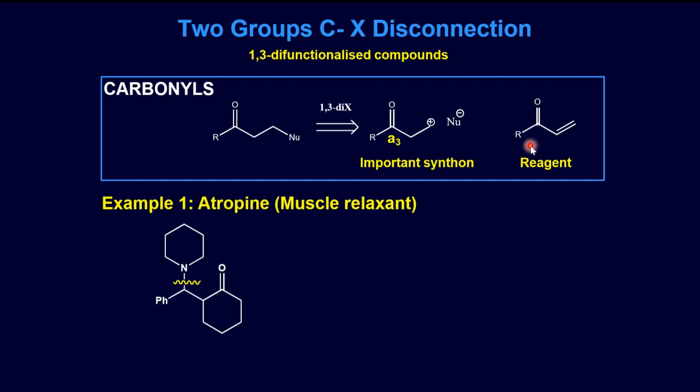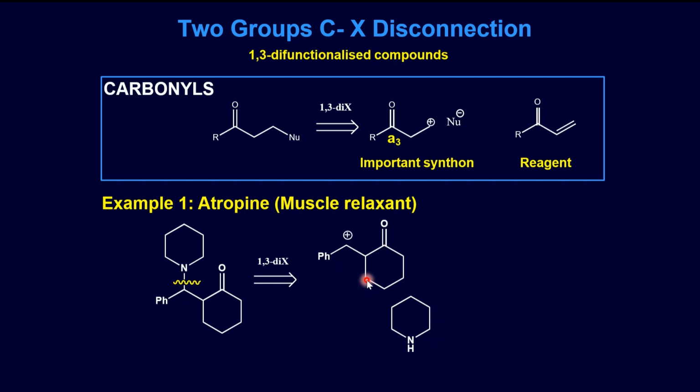I'll take a part of atropine, which is used as a muscle relaxant. Here you see carbonyl at the first position, second position, and at the third position there is nitrogen attached to it. I break up over here. I will carry out a 1,3 disconnection. I will get an acceptor synthon and a donor synthon, cyclohexylamine.